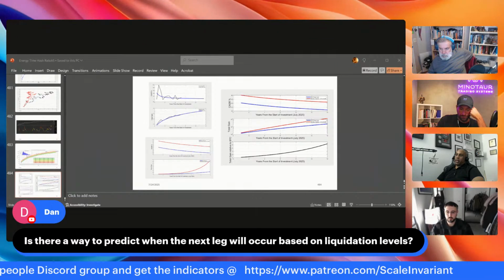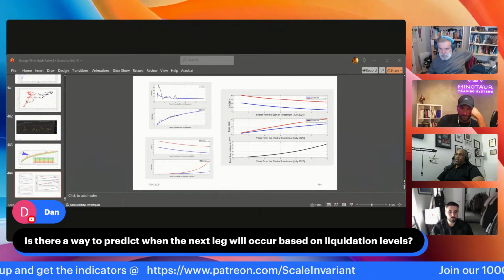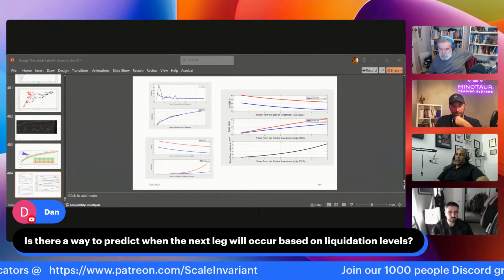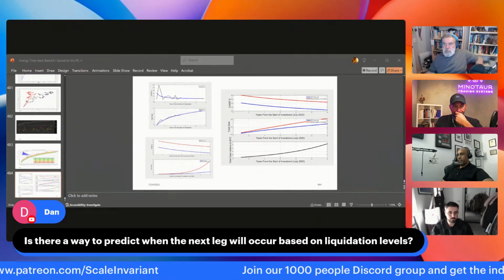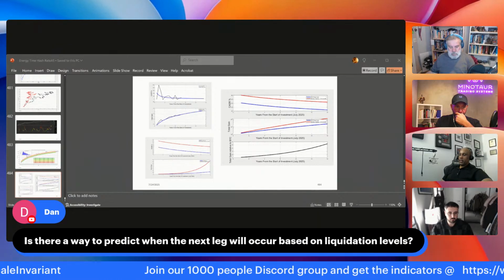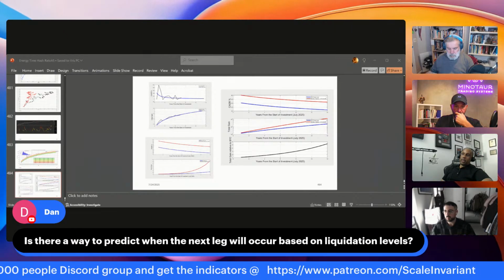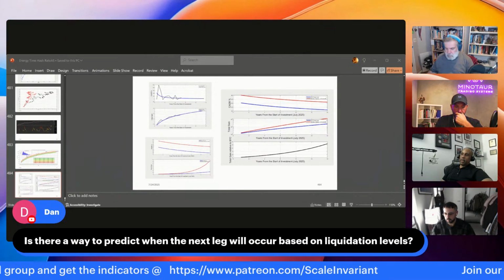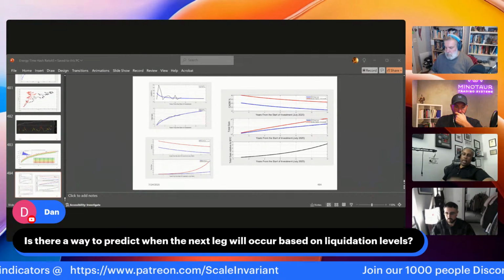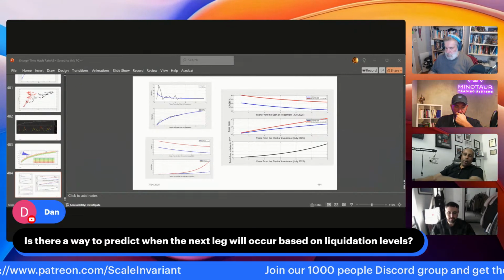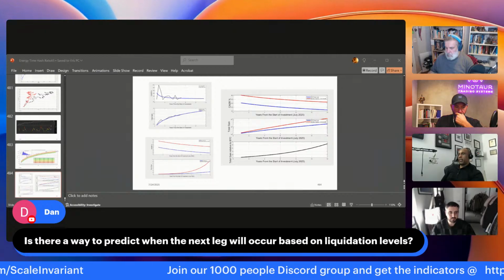Just to add to that, you don't want to be in a predictive in nature strategy, because no one can predict or control market behavior. You use the liquidity pools as a target. They become targets. So you don't know exactly when it's going to move there or how it's going to get there, but it is a target.